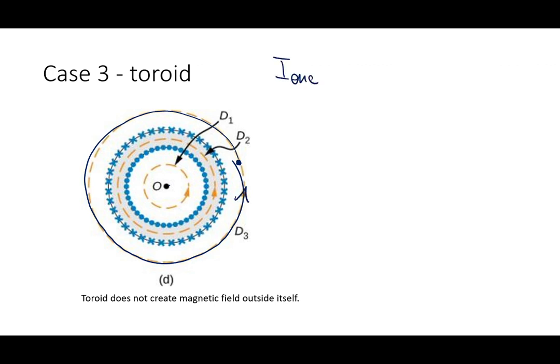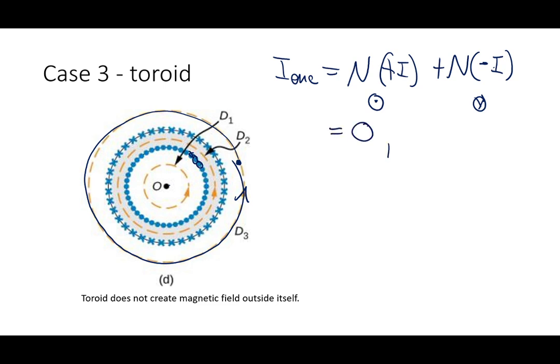You're going to have all these currents inside going out of the page, which is your positive case, so that's your outward, plus a bunch of current that goes inside, and because we're going counterclockwise with our integration direction, the current that's inside we define as negative. So N times I minus N times I is again equal to 0. So your B is equal to 0 yet again.